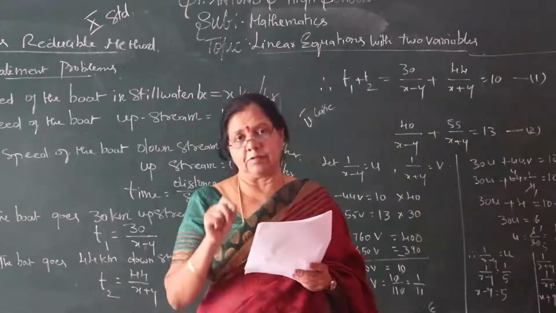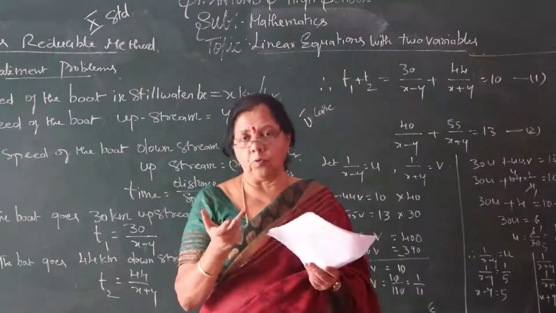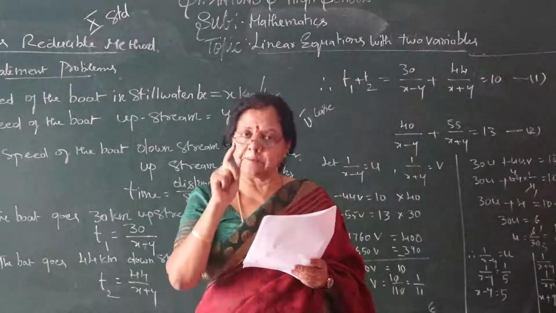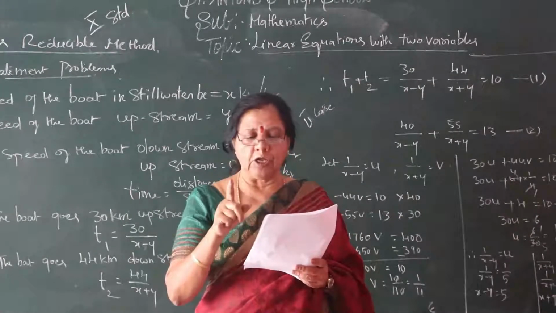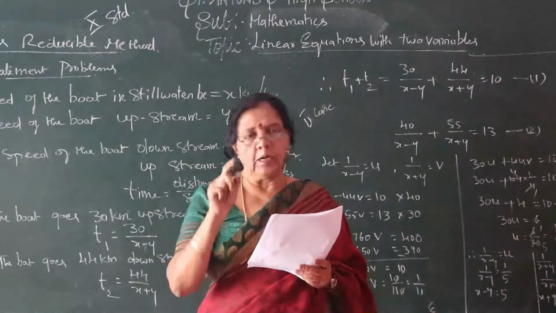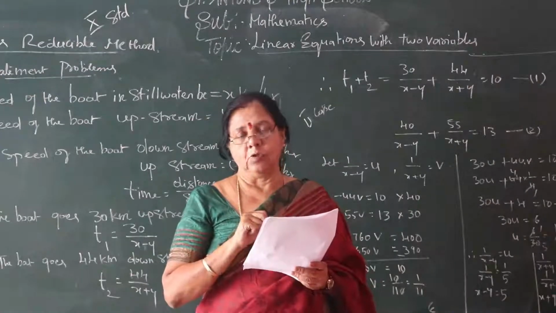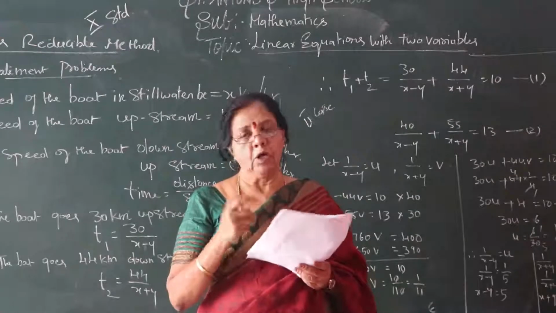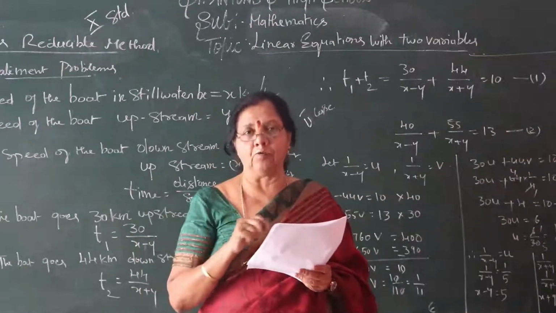In 10 hours, we don't know the speed. 30 kilometers in 10 hours upstream, and 44 kilometers downstream in 10 hours. So we don't know the speed. We don't know what speed they adapted. We have to find out that one.